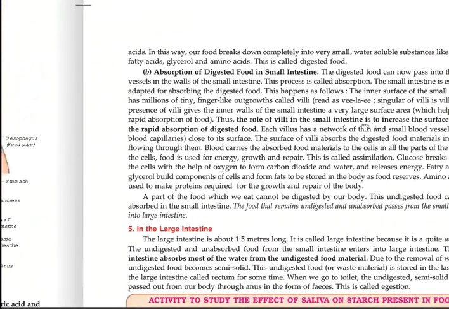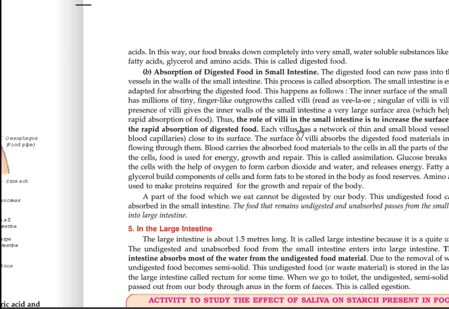And I already said the absorption of nutrients from the digested food takes place in the small intestine, and it is done by a different type of cells that is called villi.